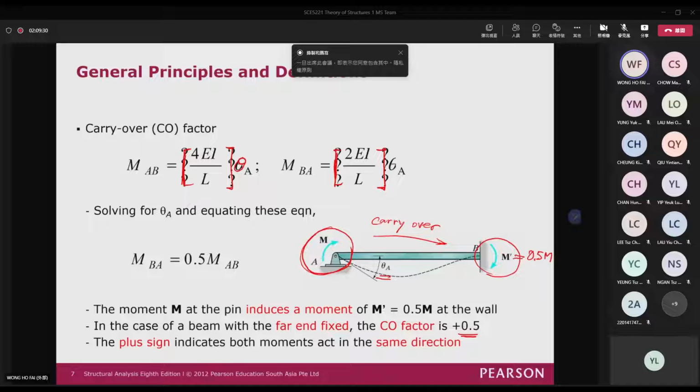That means if it is clockwise or counterclockwise, then the carryover moment will also be in the same direction. You can see in this example, M is in the clockwise direction. If you apply the moment at the joint A, then you carry the moment to the side B, and the magnitude will be 50% of that applied at the joint A, okay?